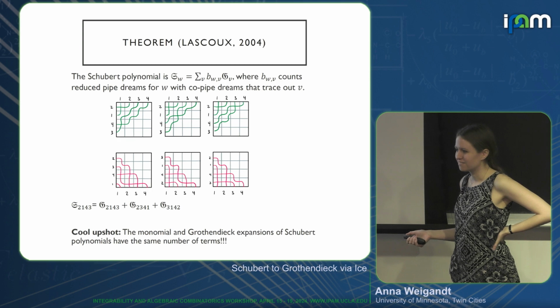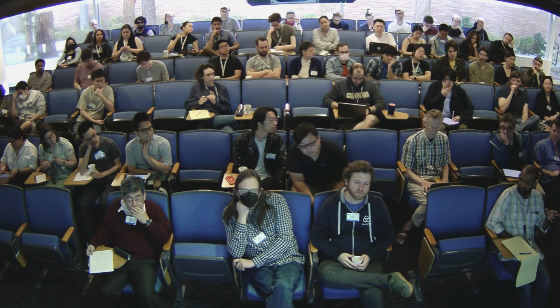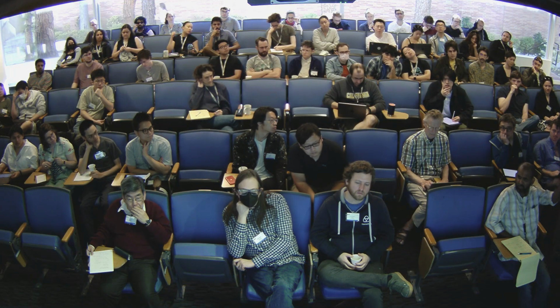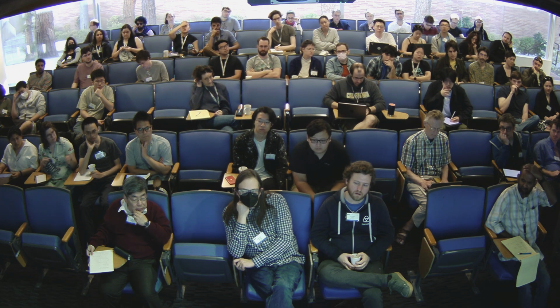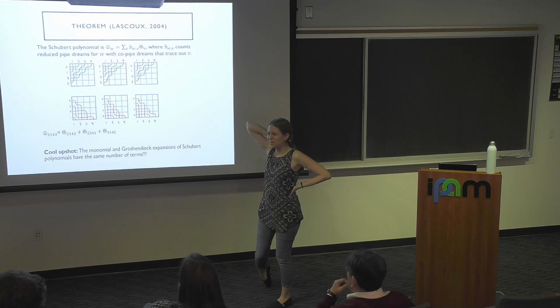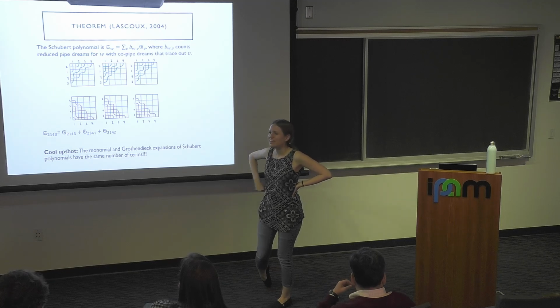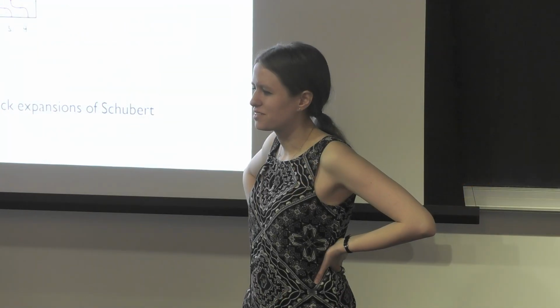But that's not so surprising, right? Because you're inverting a lower triangular matrix, basically. I think the surprising part for me is there's all this geometry, and I don't know if anyone knows any geometric reason this should be true, just a priori.